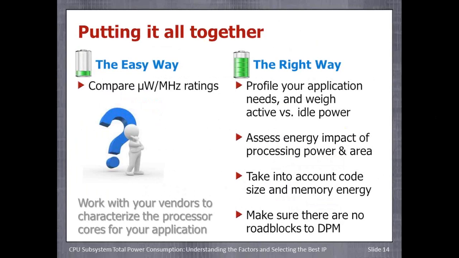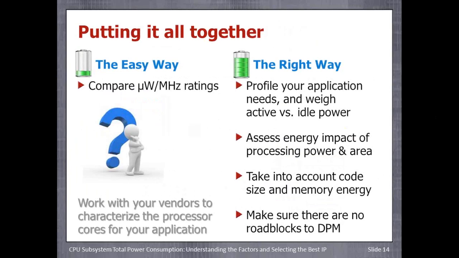You need to assess the energy impact of processing power and area. You need to take into account code size and memory energy and make sure there are no roadblocks to dynamic power management. Regardless of what you decide to do, you need to work with your vendors to characterize the processors for your application.